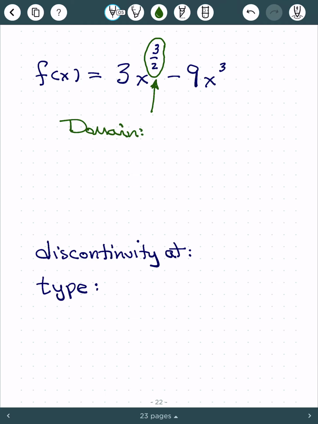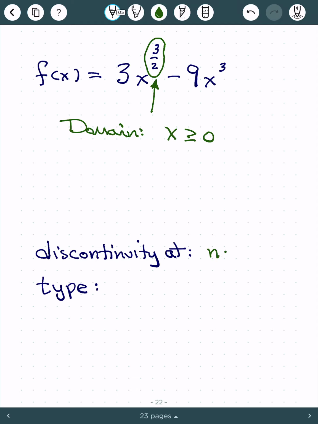This function is only defined when x is greater than or equal to 0. Now, if x is greater than or equal to 0, and therefore this function actually has values, are there any restrictions? Would we end up dividing by 0 somehow? Is there anything weird going on? And the answer is no. You could plug in anything you want for x as long as x is greater than or equal to 0.